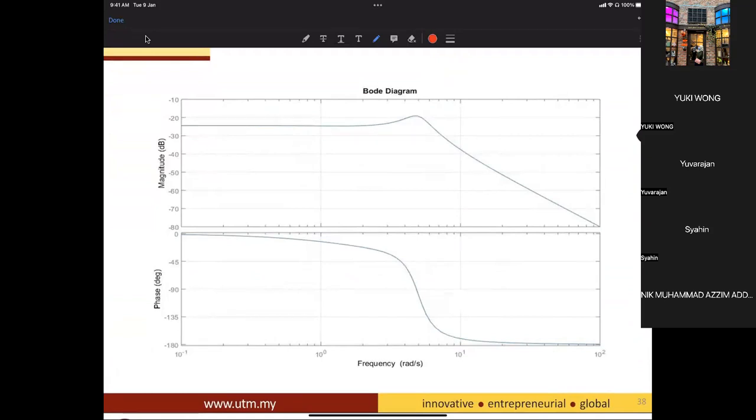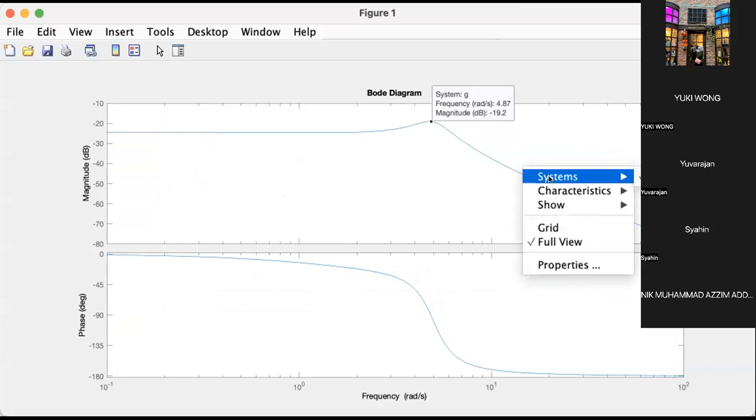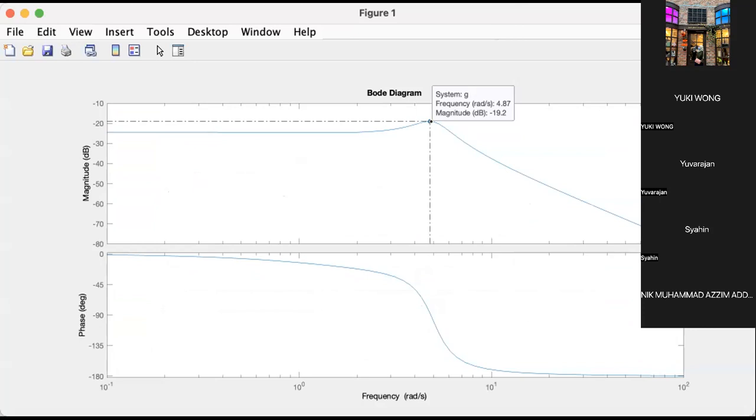This is what we call as the open loop Bode plot. So what information can we get from the open loop Bode plot? Okay, so we go to the characteristics. Using your mouse, go to the peak response. That is your peak response.